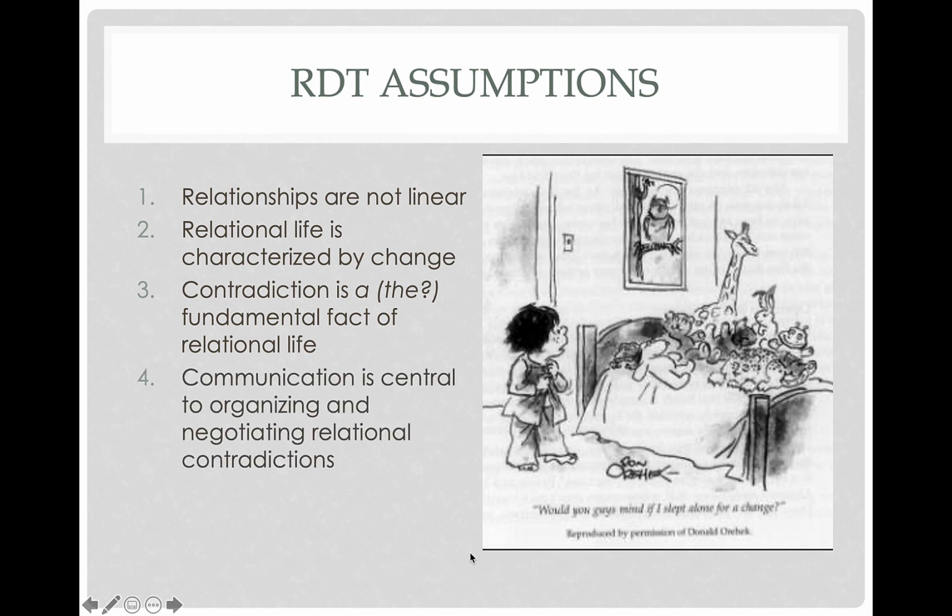And then the fourth assumption is that communication is how we work these things out. Communication is the mechanism that we use to negotiate our relational contradictions with our friends, with our family, with our significant others. And whenever there's this concept in communication, you're either communicating or you're communicating about the way you're communicating. We call that meta communication.